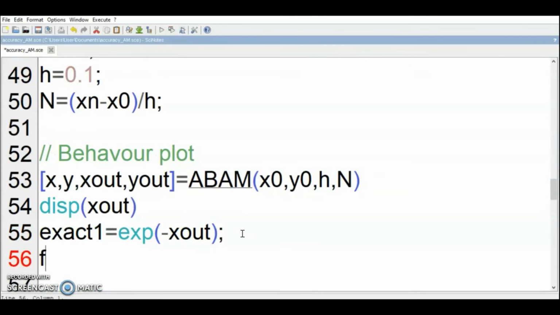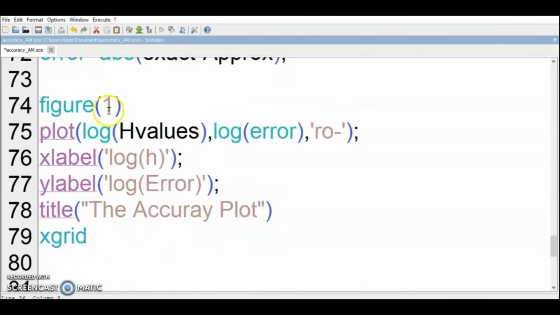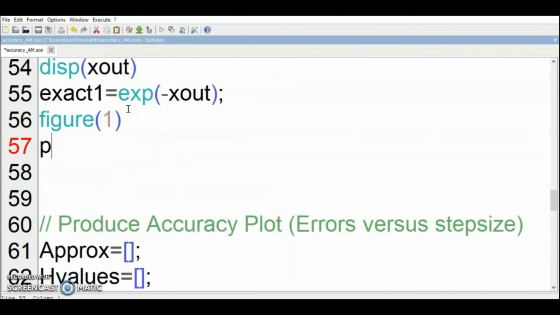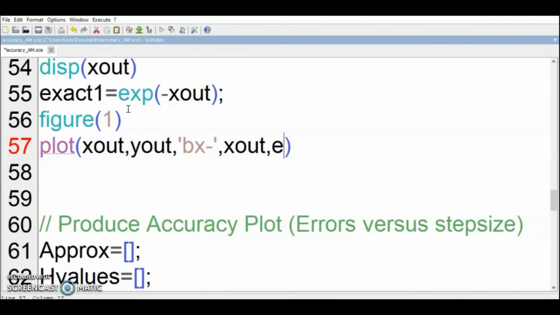Now you can do figure 1. I'm going to change this to figure 2. So figure 1 is the plot of x out with my y out. Let's make it blue x dash. And the other one is x out with my exact, and that's going to be red circle dash.